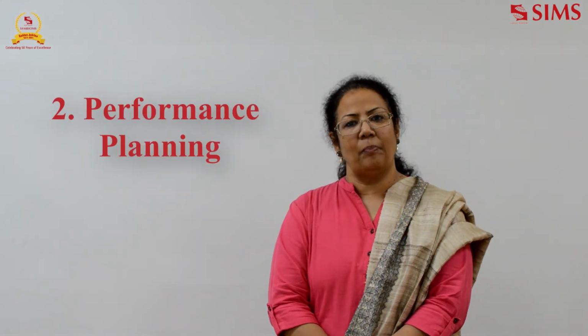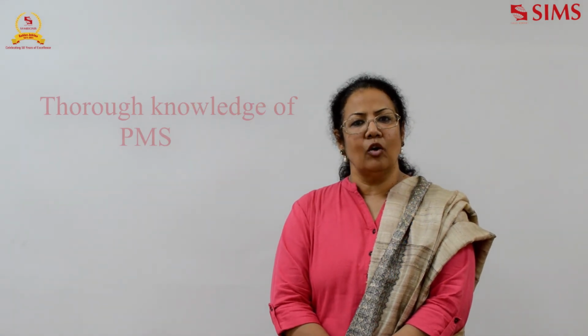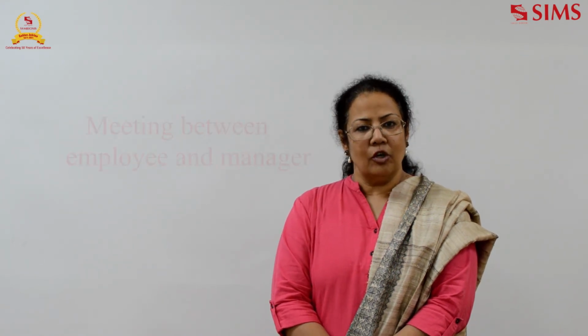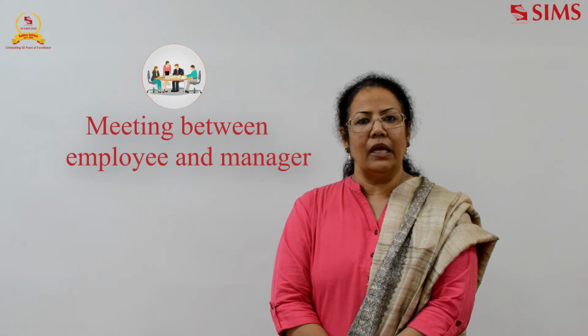The second step of the process of performance management is performance planning. So when we talk about performance planning, employees must have thorough knowledge of the performance management system, and this information should be made available to them and should be communicated to them. There should be meetings between employees and the managers.